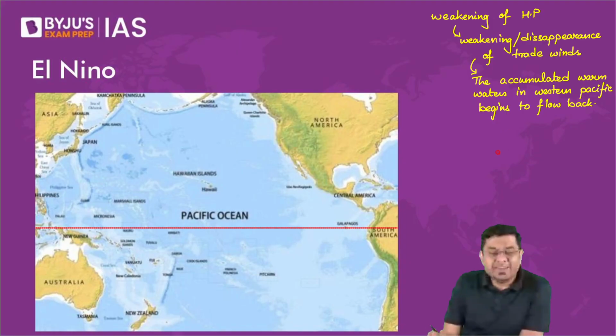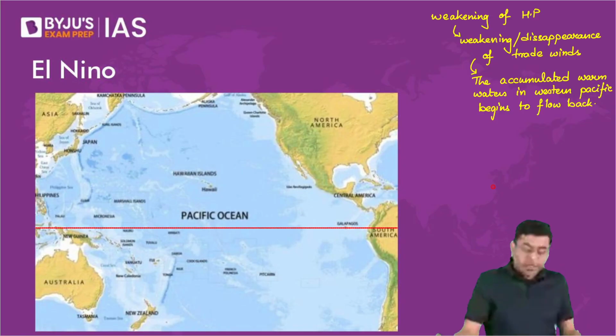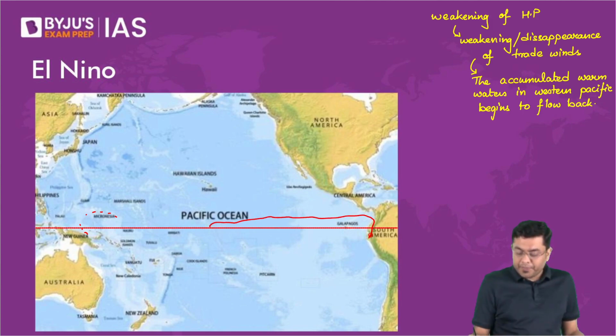So as it begins to flow back, let's suppose there is a greater accumulation. So it will flow back quite significantly. All the warm water which was accumulated in this region will initiate a flow back and it will come somewhere here.